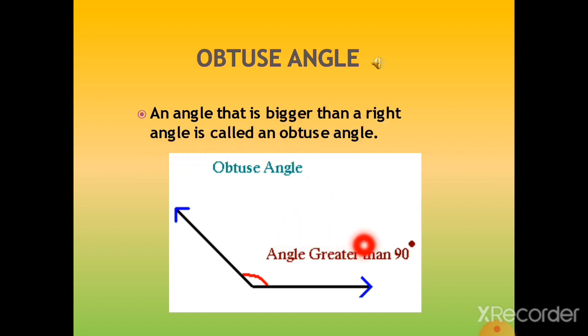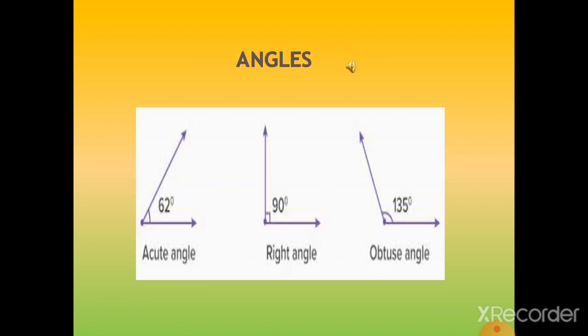This angle will always be greater than 90 degree. See the three types of angles: acute angle smaller than 90 degree, right angle always a straight L shape, and obtuse angle greater than 90 degree.